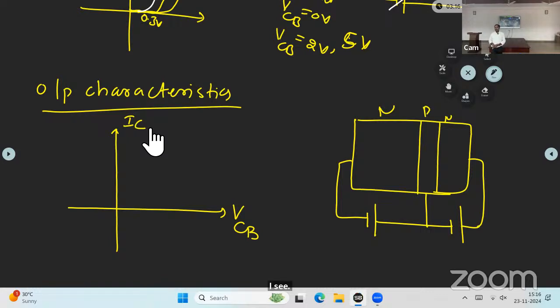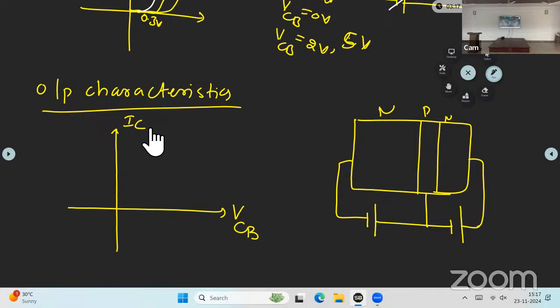Okay. Now, anyone can tell me, to draw the output characteristics, we need to keep the input circuit constant. Constant means without emitter current.